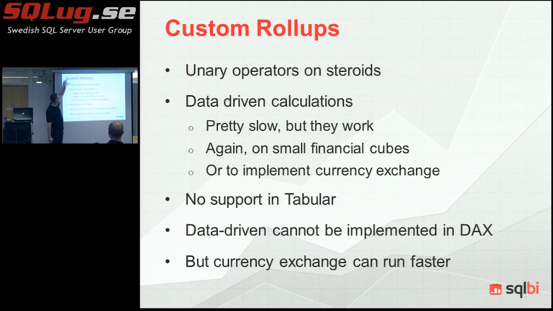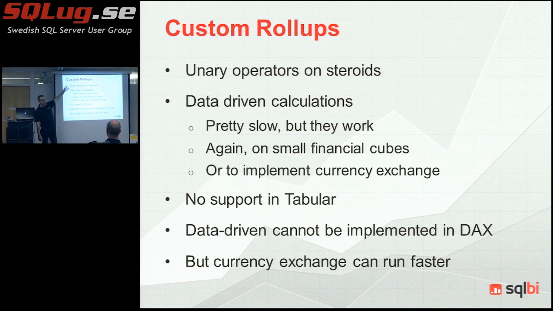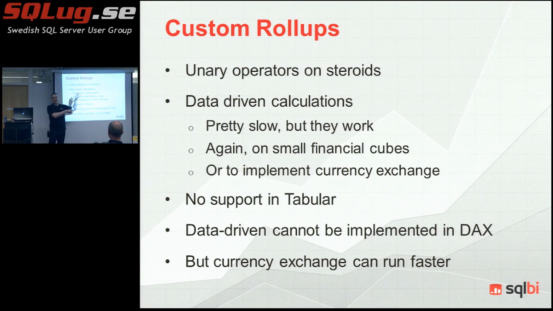And if you have custom rollups, which means a unary operator on steroids, you can assign to each node a custom MDX formula that computes the rollup of children in order to compute the total of the parent. This is something that cannot simply be done in DAX. You have no way to create a DAX formula that is data-driven, because custom rollups are written in MDX but inside the data.